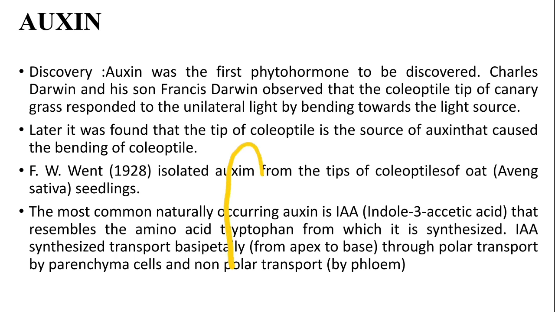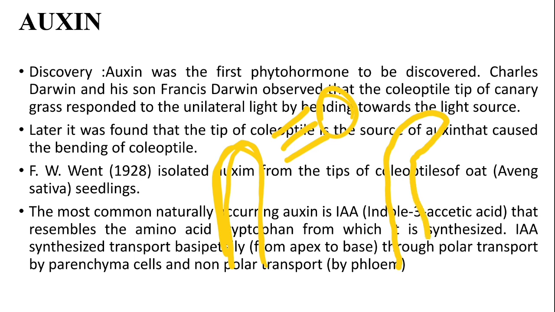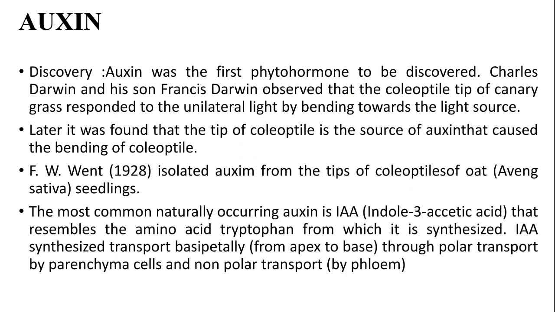So, he took the coleoptile of canary grass and its shoot tip. Then he provided a unilateral light on it. After some days, he observed the bending of this coleoptile towards the light source. And this experiment was first performed by Charles Darwin and his son Francis Darwin.